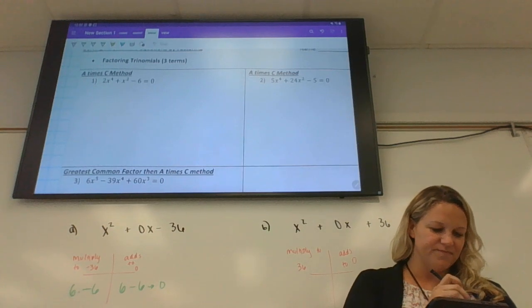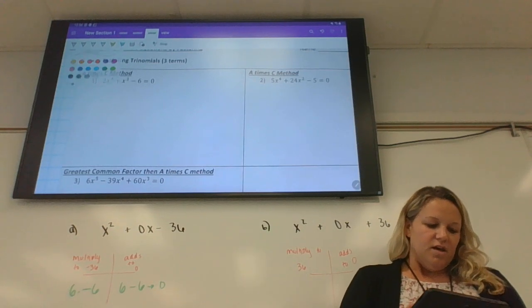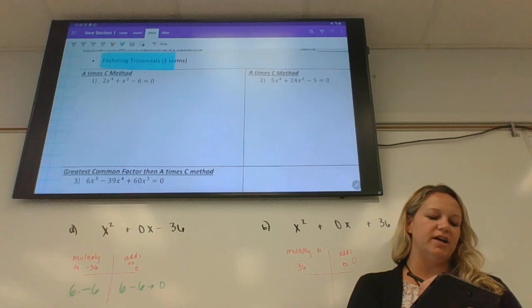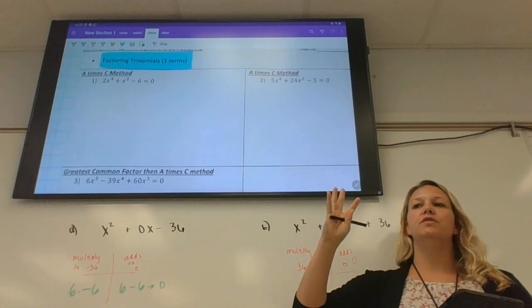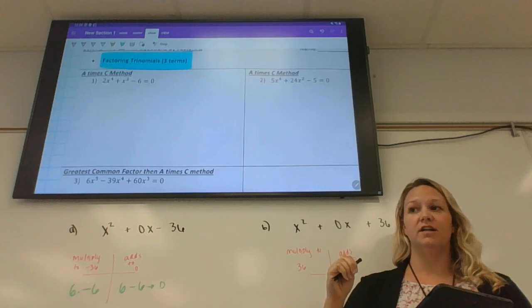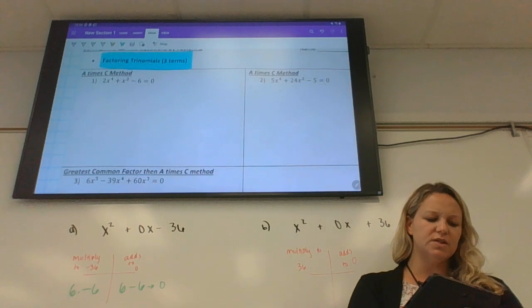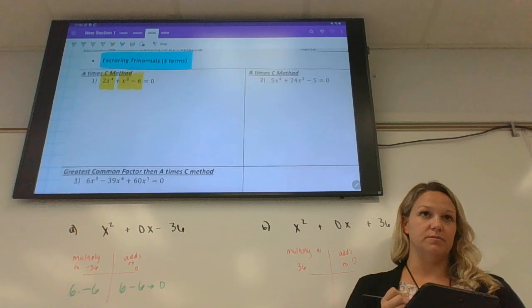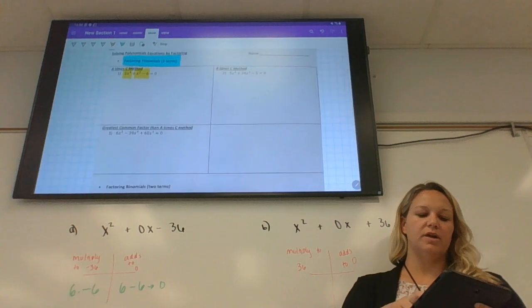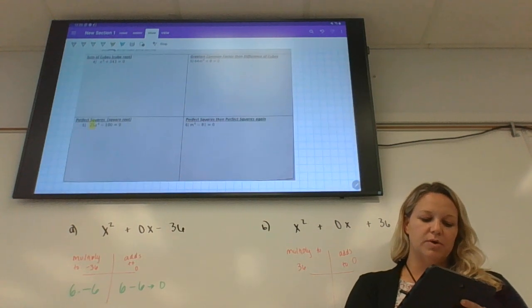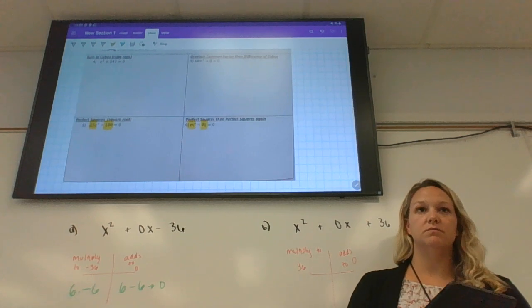Okay, here we go. So this is for sheer quiet. Your clue as to how to factor comes from how many terms are in the problem. So what I see here is 1, 2, 3 terms. And that's all 3 of these first problems, whereas the bottom half of the page, the problems only have 2 terms.